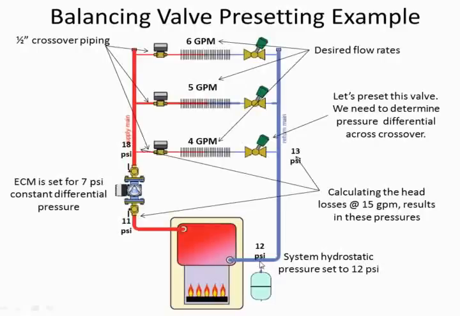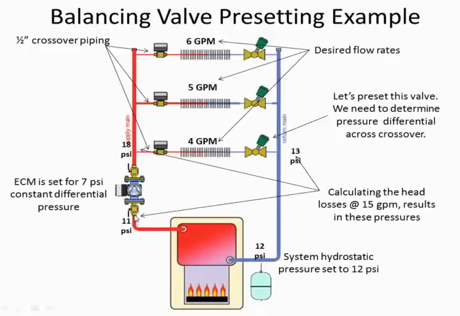So let's say that our design conditions are 15 GPM. A starting point is the point of no pressure change, where the expansion tank adjoins the hydronic system. So under design conditions, we're sending 15 GPM. And just for argument's sake, let's say that we calculated that through this leg of piping and through our boiler and through this leg of piping, we have had only 1 psi pressure drop.